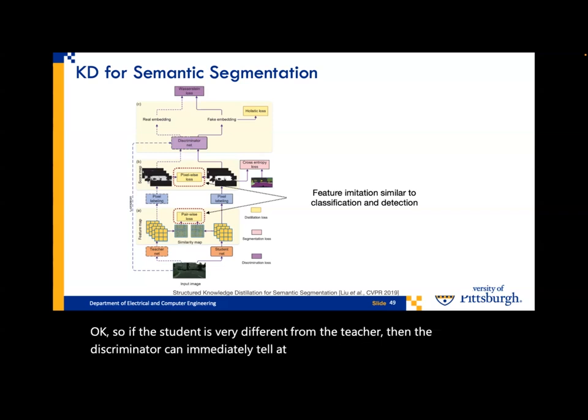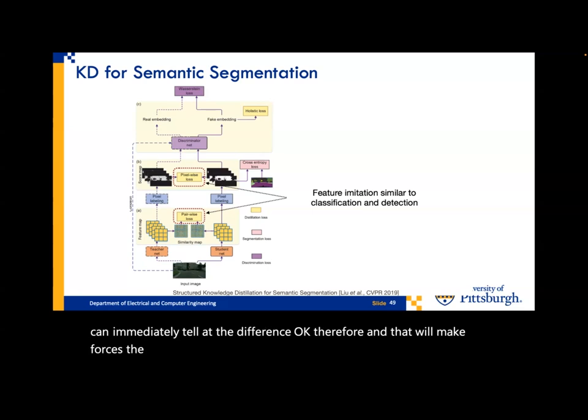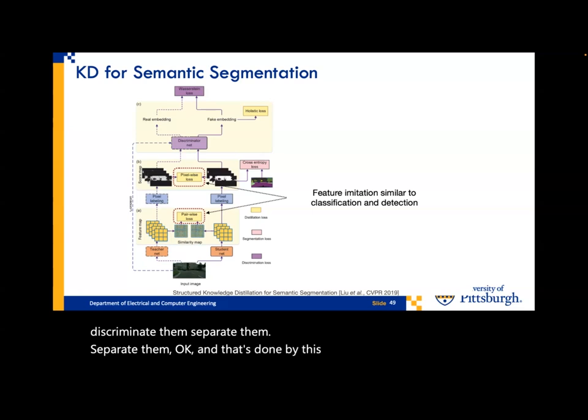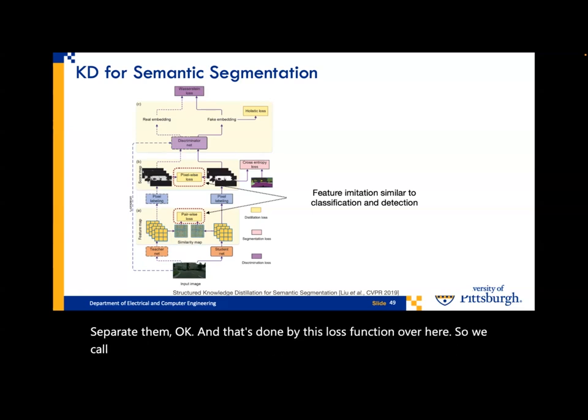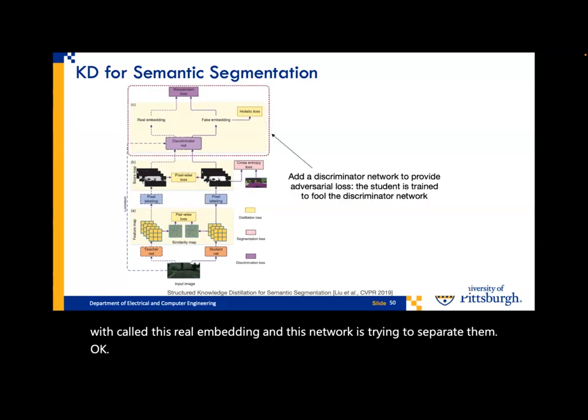Therefore, that forces the student to be as similar as the teacher, so that the discriminator cannot separate them. And that's done by this loss function over here. We call the student this fake embedding, and the teacher this real embedding, and this network is trying to separate them. So that's just different things people did.